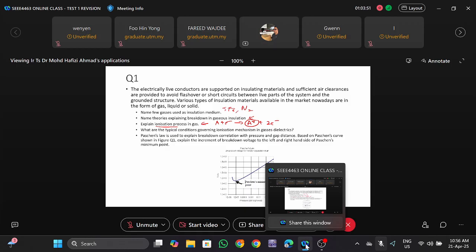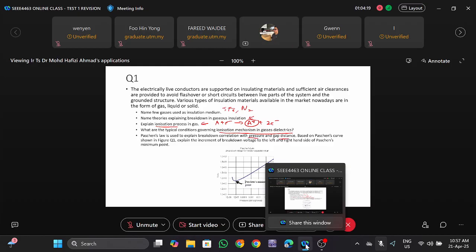So what are typical conditions governing the ionization mechanism? Typical conditions, we need to have the ionization collisions, right? And then when ionize the gas through the collisions, then we might have the multiplication of electron that is called avalanche. Okay, so Paschen's law is used to explain breakdown correction with the pressure and gap distance P and D.